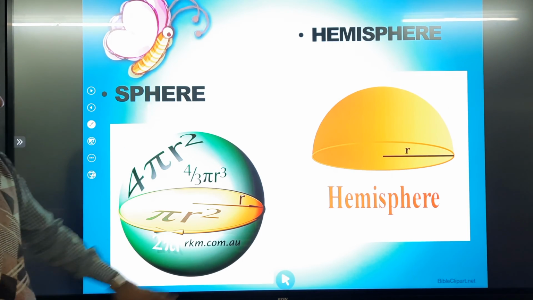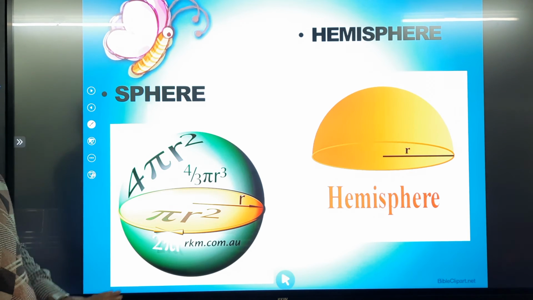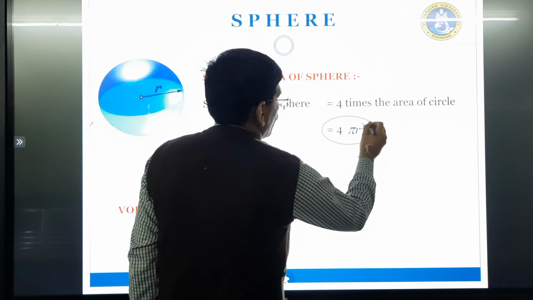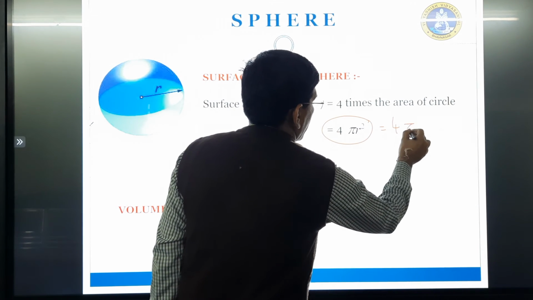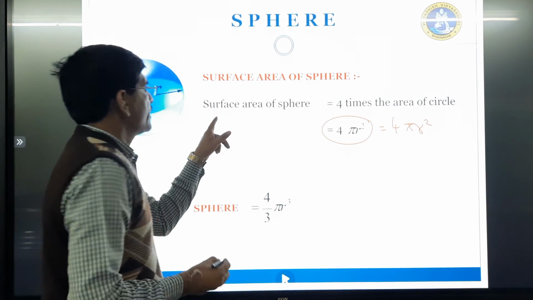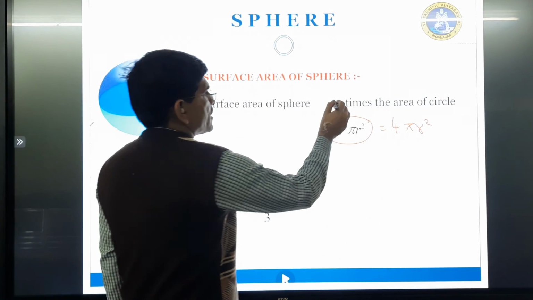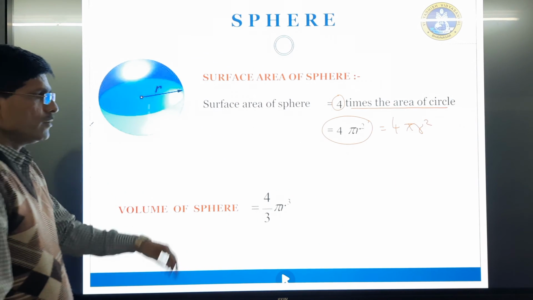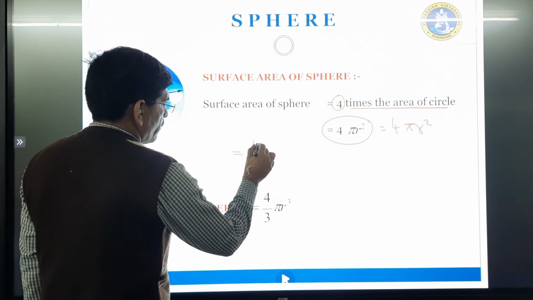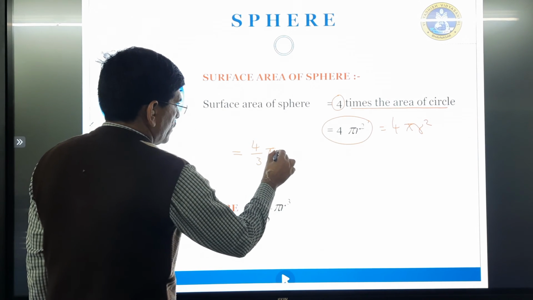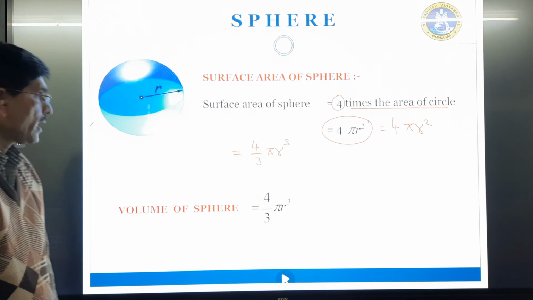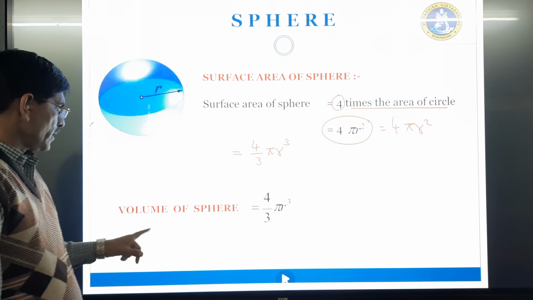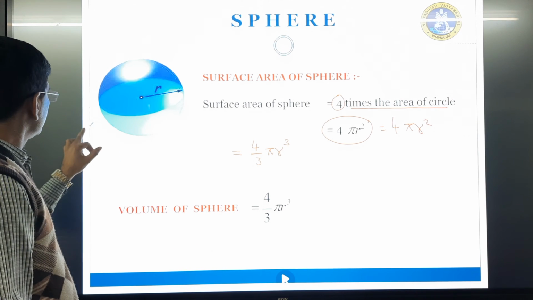Now the sphere, and the hemisphere. For the sphere, 4 pi r square is the surface area, 4 times the area of a circle. Now the volume of a sphere is 4 by 3 pi r cube. So those are the two formulas for curved surface area of sphere and volume of sphere.